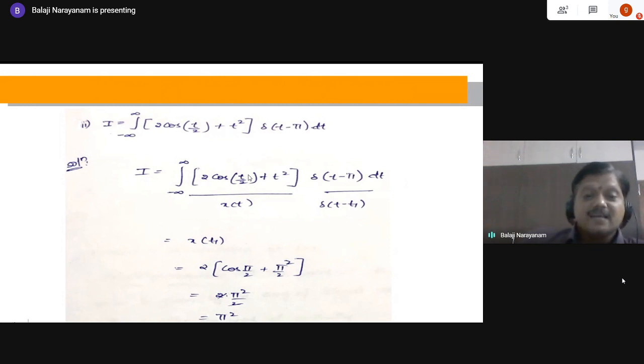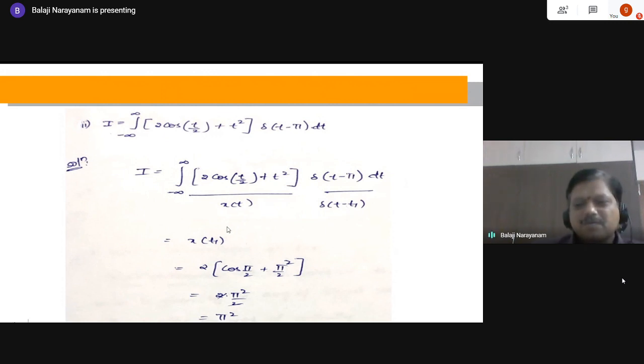Let us take another simple problem. You are asked to find the value of the integral from minus infinity to infinity of the function 2 cos t by 2 plus t square, times delta of t minus pi, and this is of the form x of t multiplied with delta of t minus t1. What property is to be applied here?